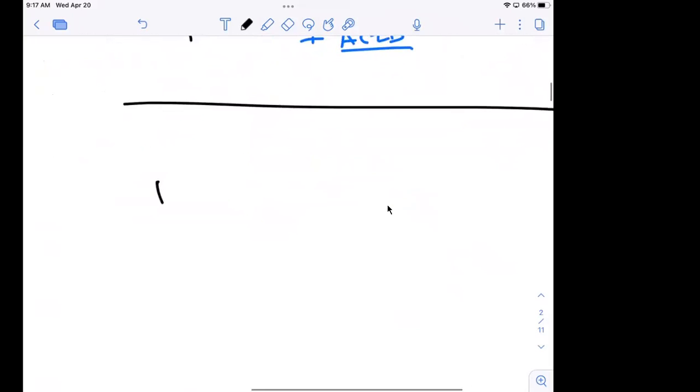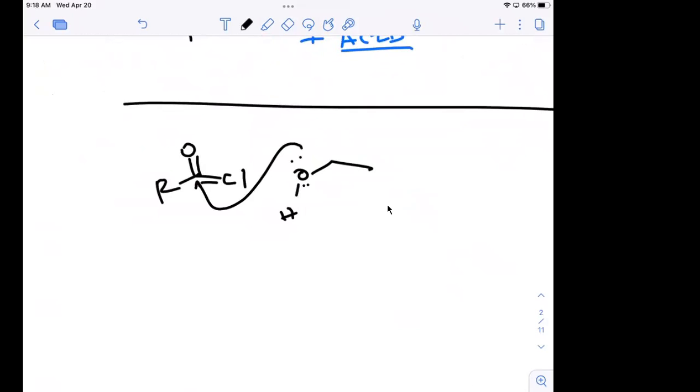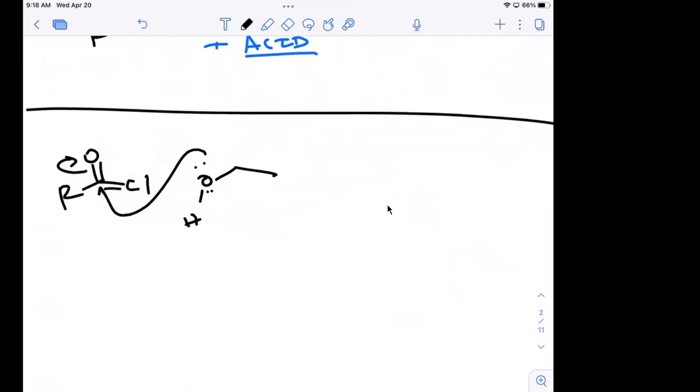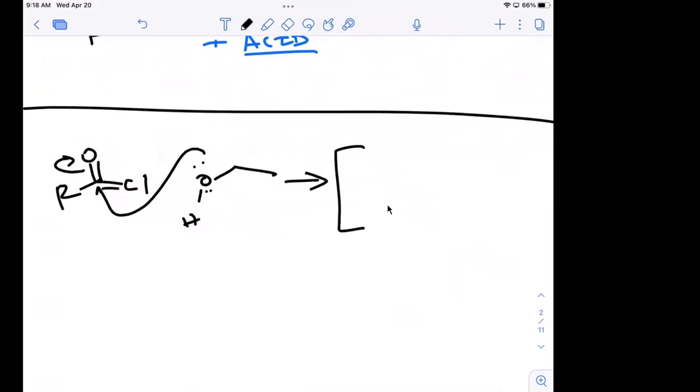All right, so you have your acid chloride here. And then your alcohol here. That's just going to attack. You're going to get your tetrahedral intermediate. That's negative. Chlorine is here. And then this is O.